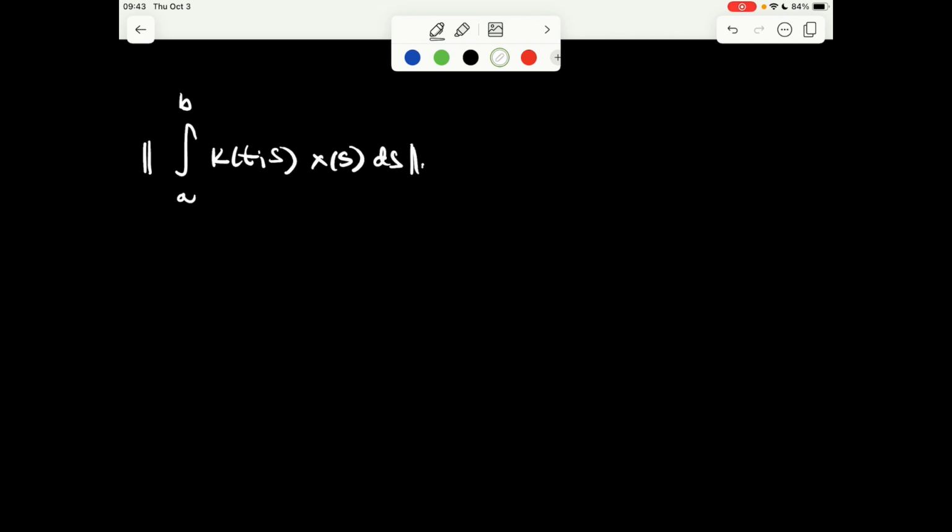All right, so to find the norm of the operator, we should find the norm of the integral. So we try to calculate the norm of this integral, as I have just mentioned, which we can expand.